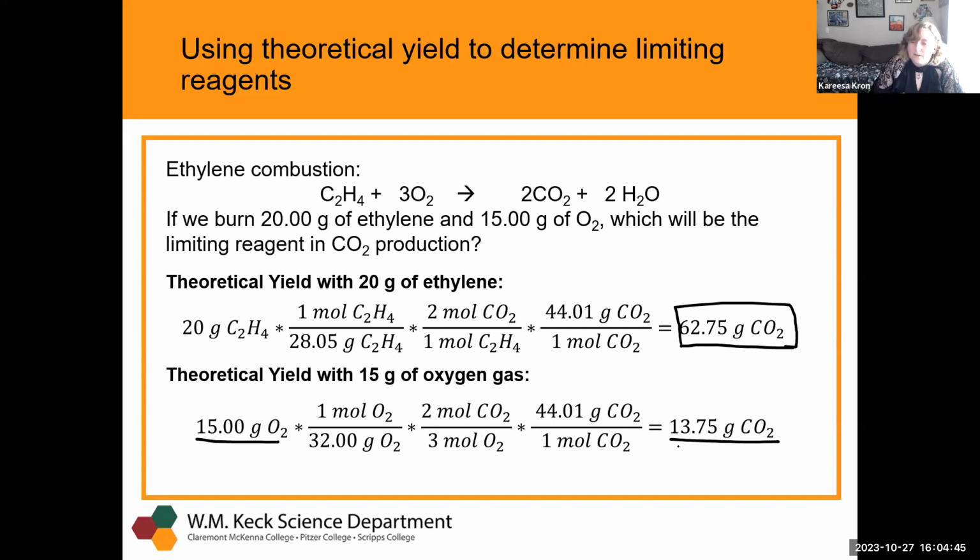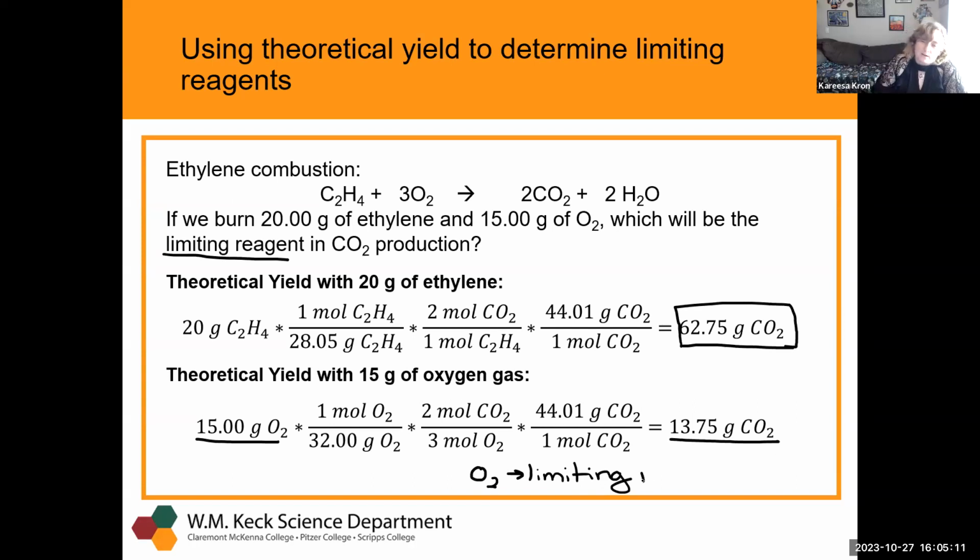So if I'm talking about which one will limit me in CO2 production, O2 is my limiting reagent because it's only going to produce 13.7 grams of CO2 before I run out. And then, even though I have extra ethylene, I can't do anything with it because I don't have any O2 to react it with.